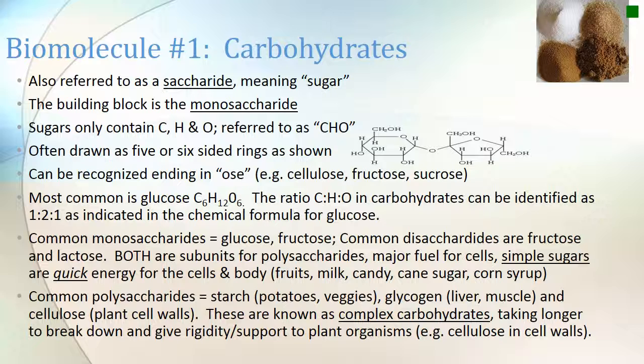So a great example of that is the cellulose found in plants, and the plants that we eat, often referred to as roughage, lettuces and broccoli and cabbage. That helps it to take longer to digest, but it gives it the rigidity and support that the plant needs to withstand the environment.